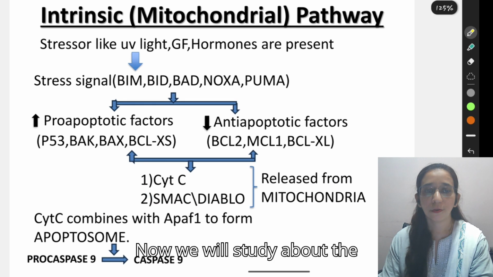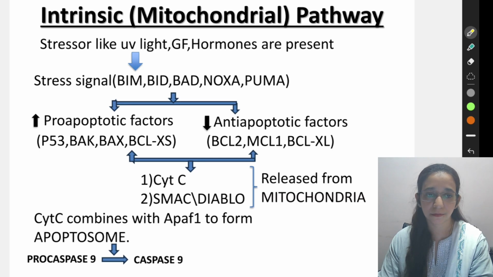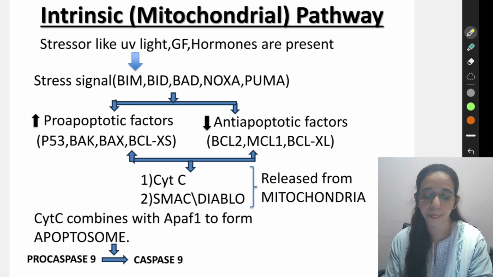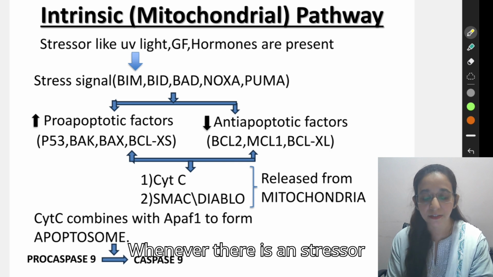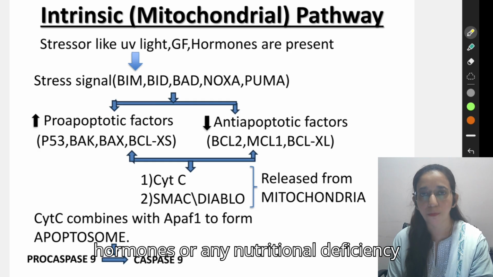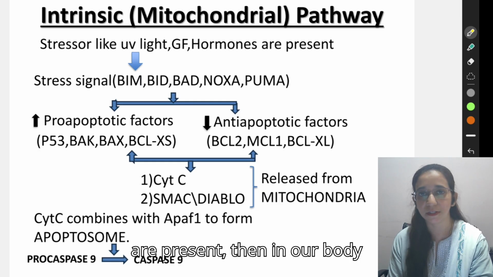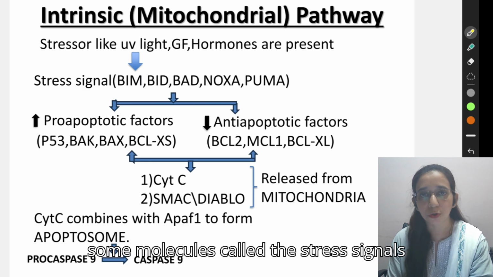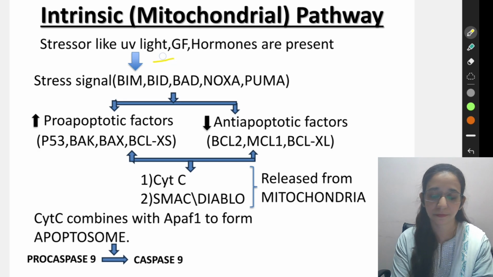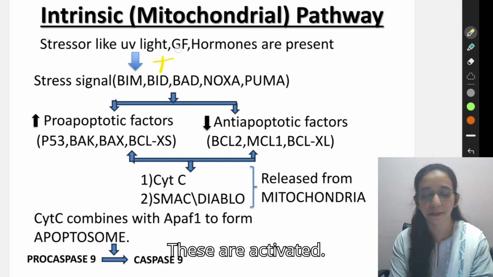Now we will study the intrinsic or the mitochondrial pathway. Whenever there is a stressor like UV light, growth factor or hormone withdrawal, or any nutritional deficiency, then in our body some molecules called stress signals are activated.